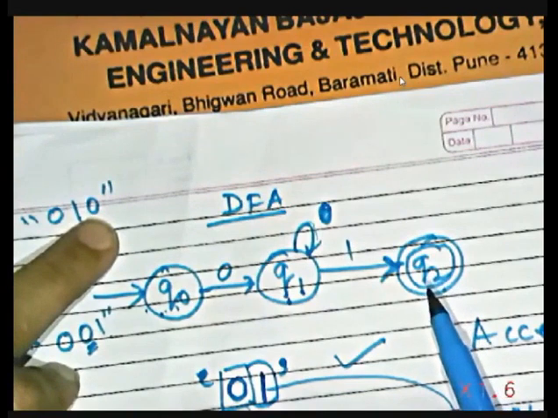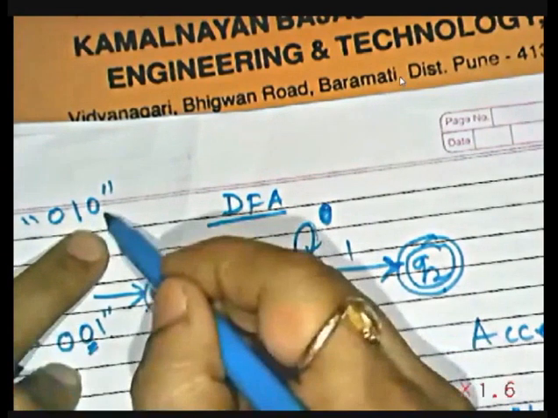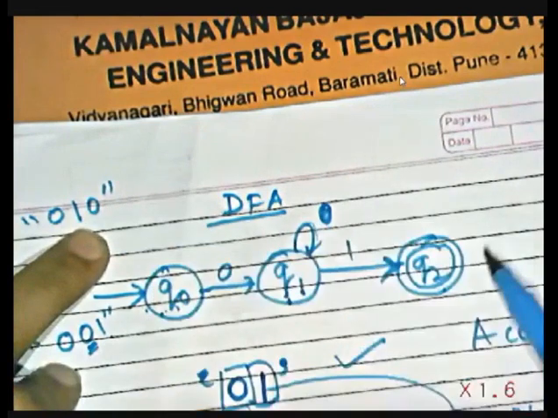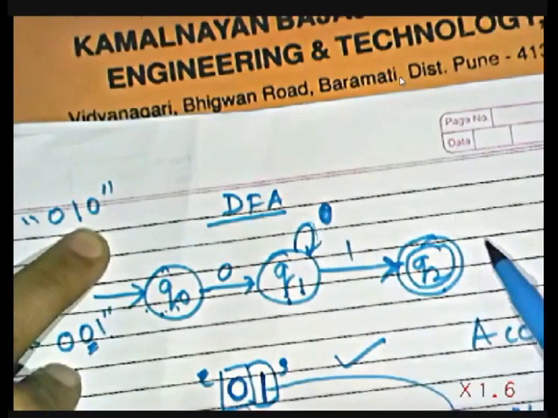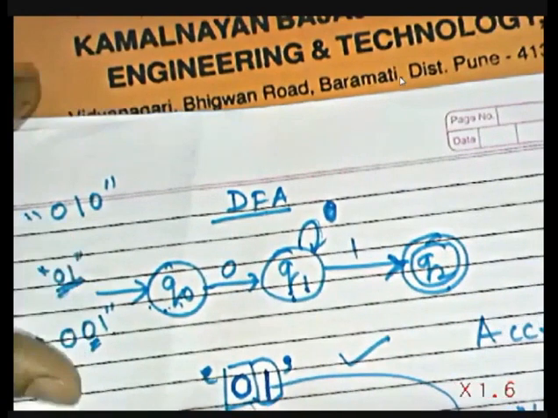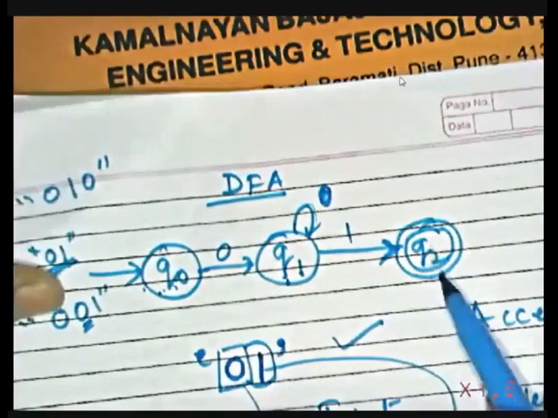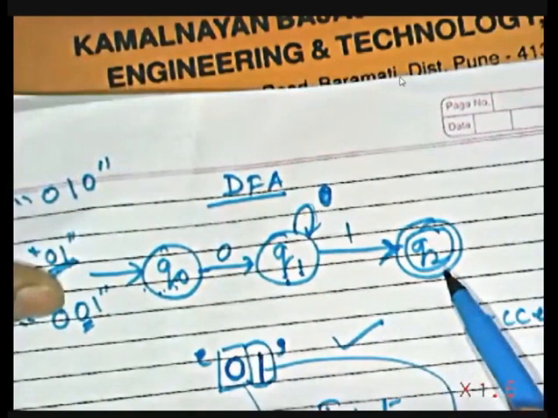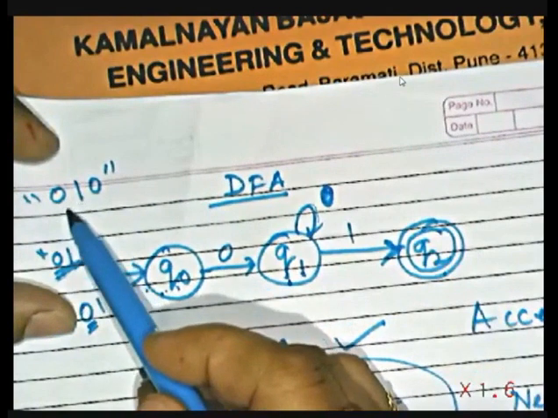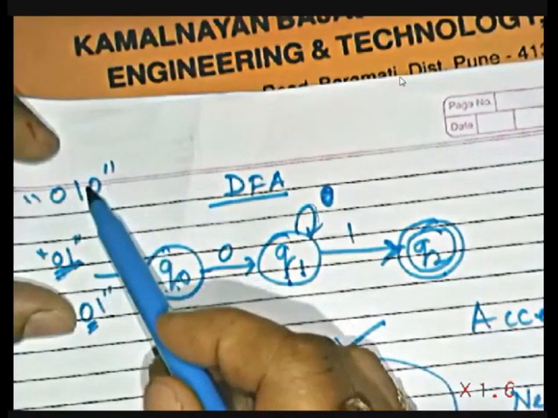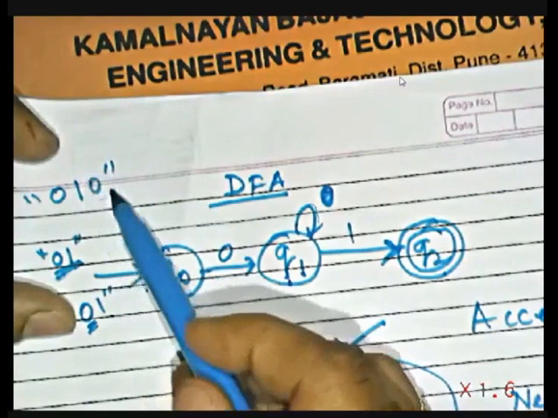Since you have not completed reading your total string, and there is no path available after Q2 if 0 input is coming, nothing is shown in this diagram, no transitions are there. So you are stuck after reading only 2 symbols of the given string. You still have this 0 remaining to read.